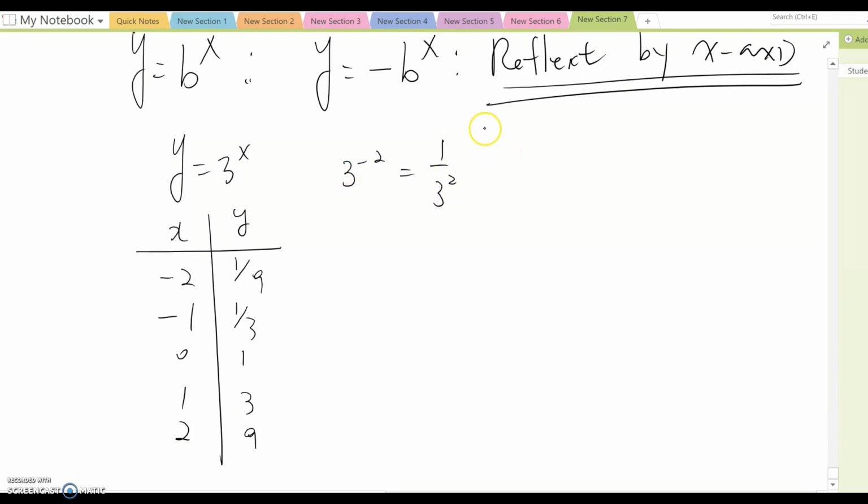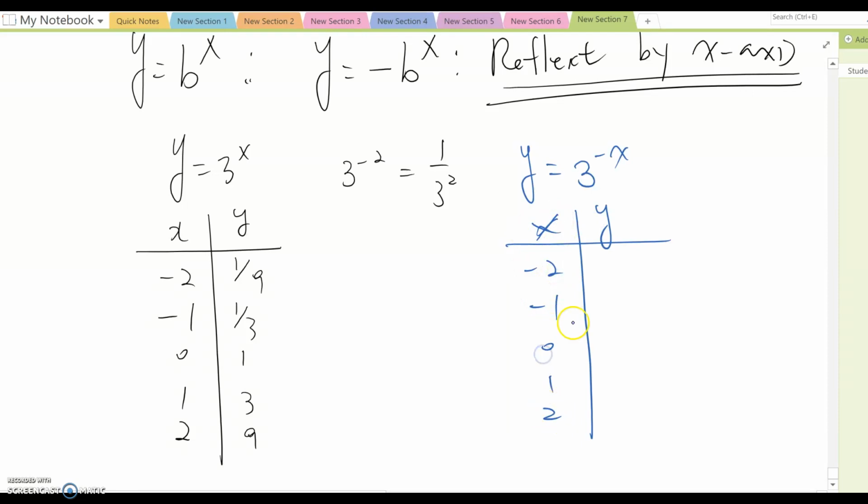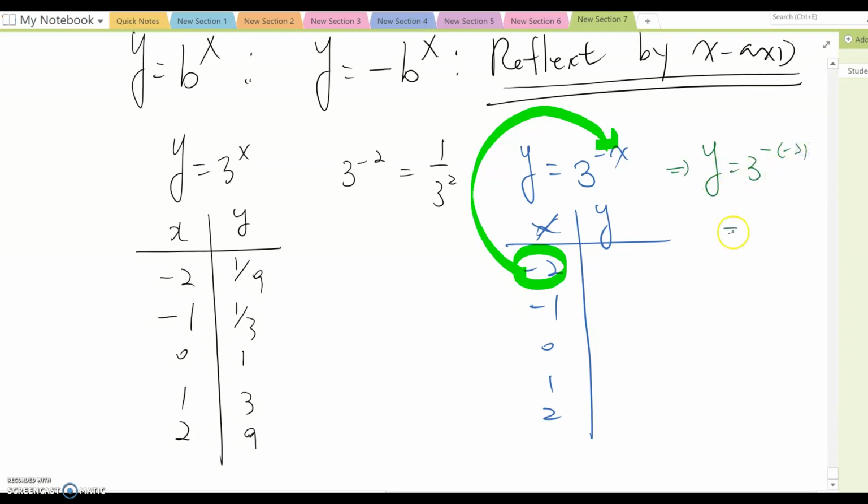But now, when we compare this with y equal to 3 to the negative x power, then this becomes negative 2, negative 1, 0, 1, 2. You plug negative 2 into x, then this turns to y equal to 3 to the negative negative 2, which means 3 to the square power.